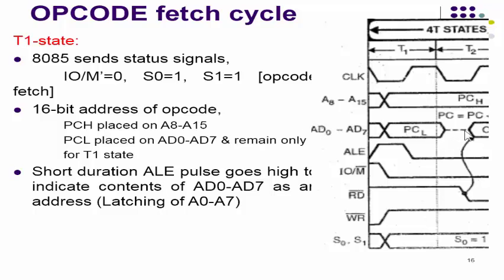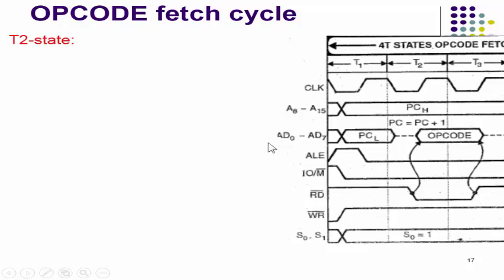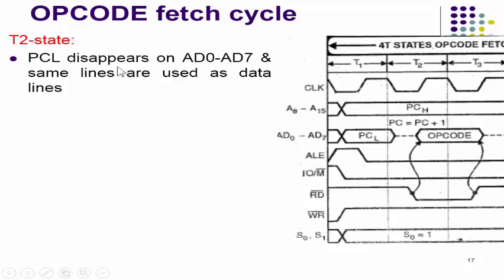The address available on AD0 to AD7 gets latched in the latch IC, and then the same lines AD0 to AD7 are used for opcode reading, or for data transmission or reception. So the same lines are used for opcode fetching.